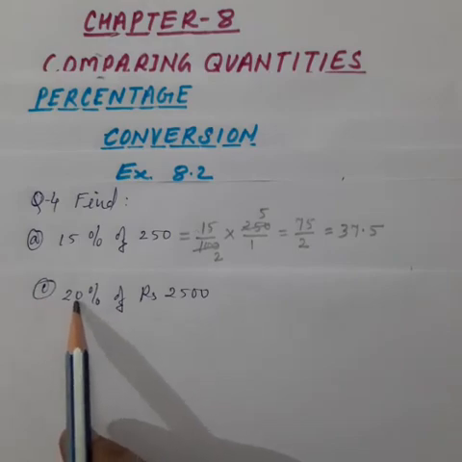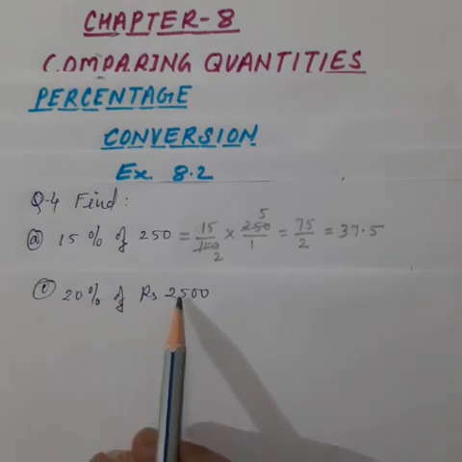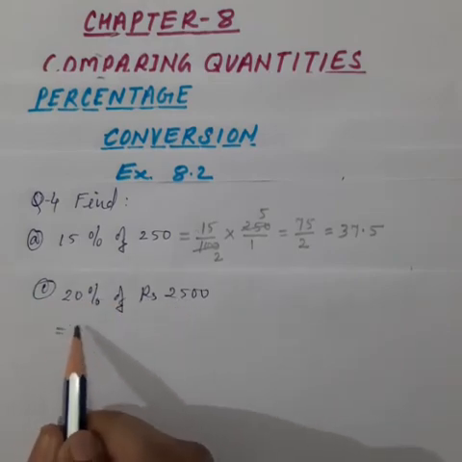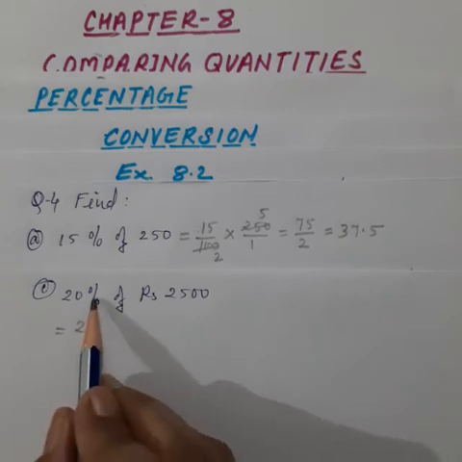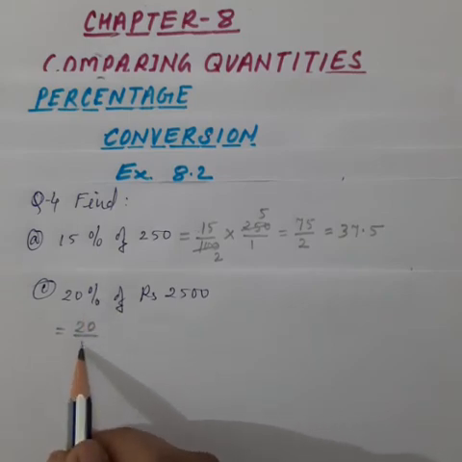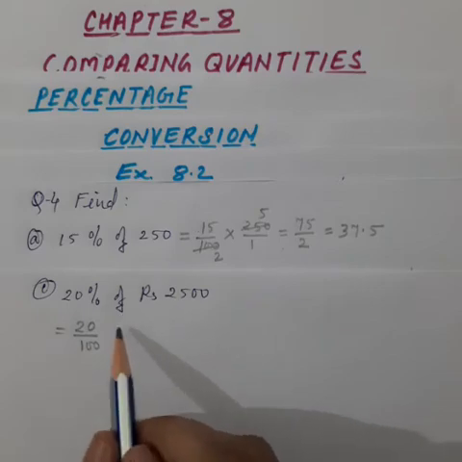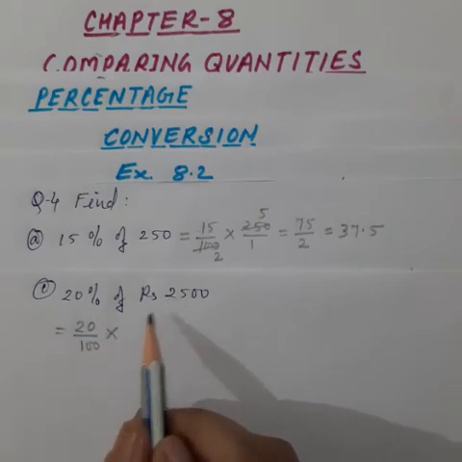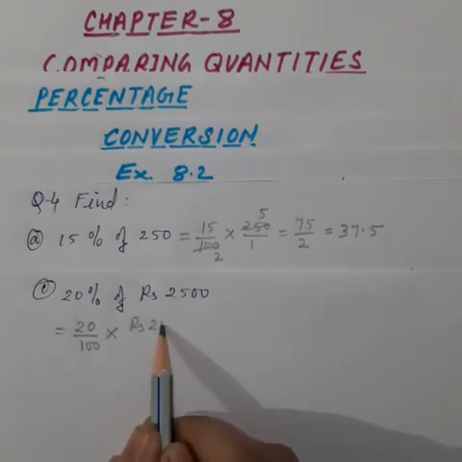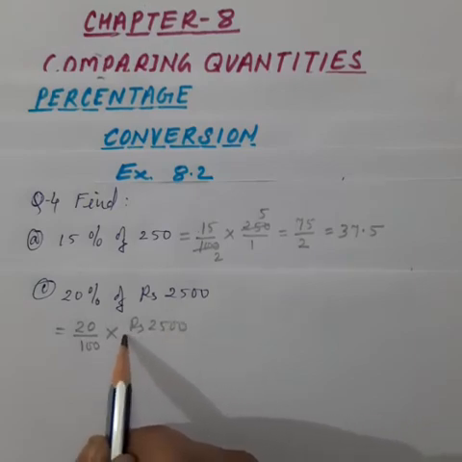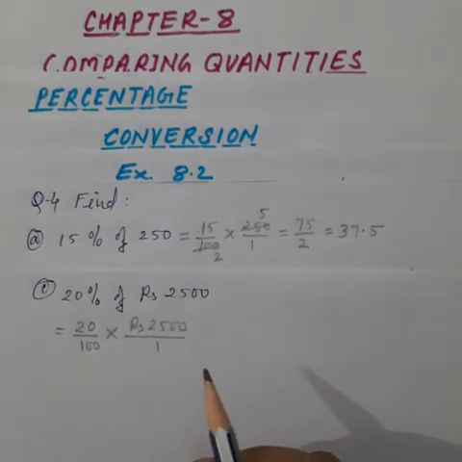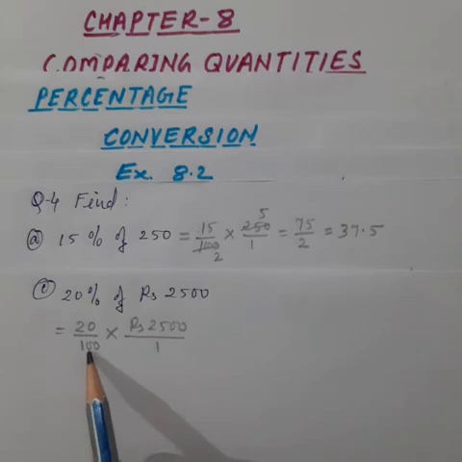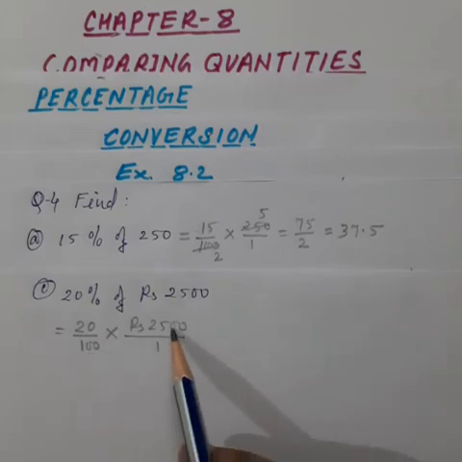C. 20% of rupees 2500. So 20 in the numerator, for this percent sign write 100 in the denominator, of means into, and rupees 2500 in the numerator. Write 1 in the denominator. Now see, this 100 is a factor of 2500.